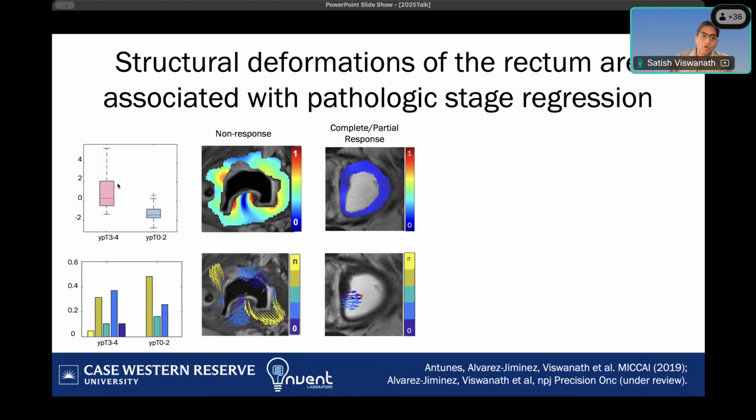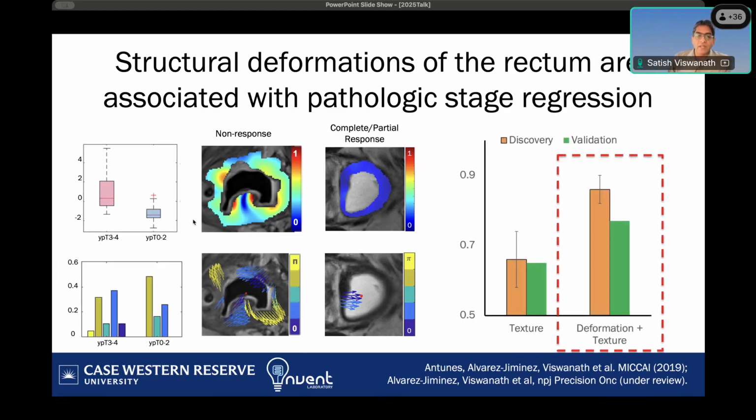Those show very distinct differences between the two groups. Interestingly enough, combining them with the previously shown radiomics heterogeneity markers actually gives us better performance overall in identifying complete responders after chemoradiation. We have this work currently under review at an NPJ journal.